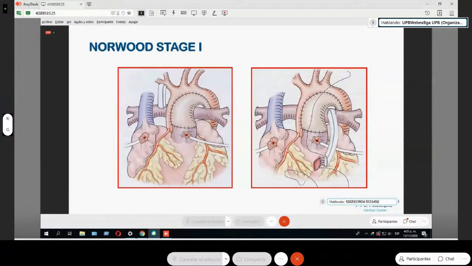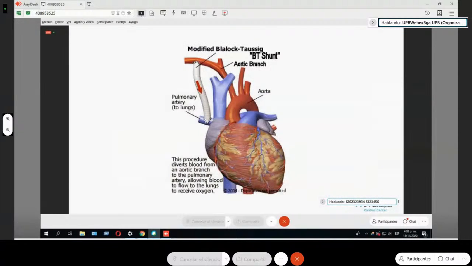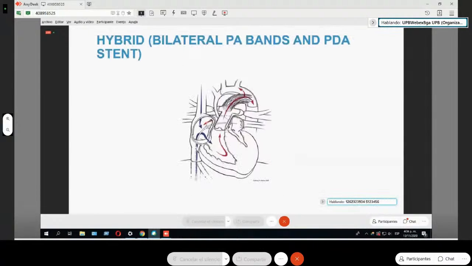hipoplásico. Este es un esquema de la operación de Norwood estadio 1 y cómo se coloca la derivación en la izquierda. Y por supuesto hay bebés con atresia pulmonar que requieren un shunt BT modificado, como se le llamó inicialmente, al menos en los Estados Unidos y en muchos centros, y preferencialmente se utilizan stents en lugar de este shunt modificado.